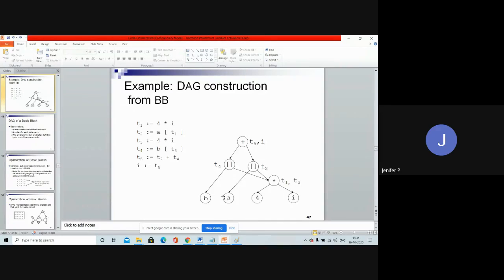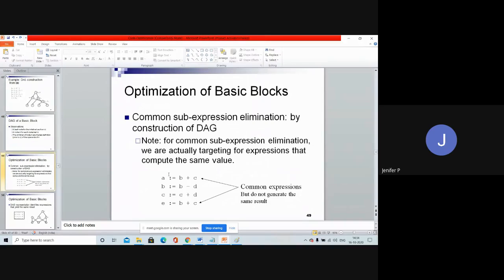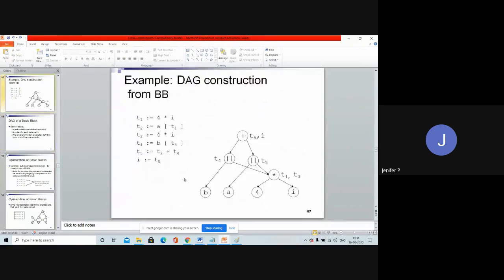Then after that, what can we do? Here 4 into Y, here 4 into Y. So T3 can be eliminated. Okay, see here. So T3 can be eliminated and wherever T3 is present, you can put T1 directly. Okay, so after optimization, how will it change?